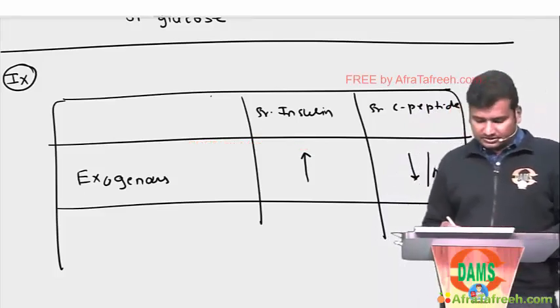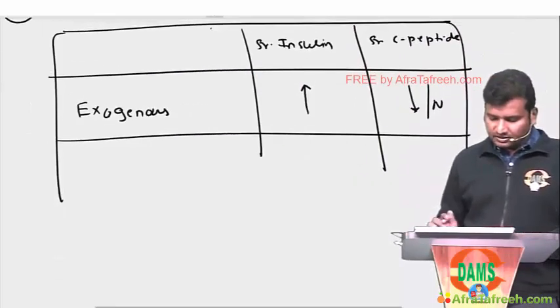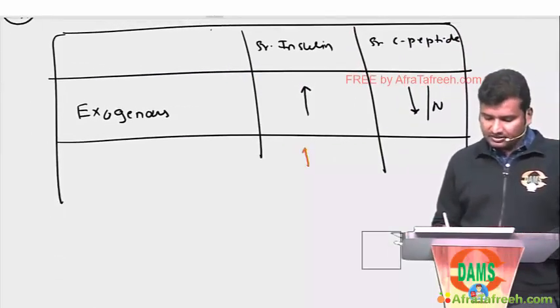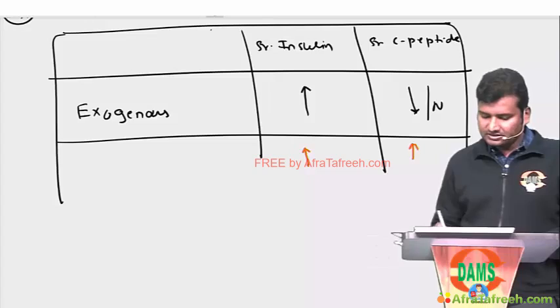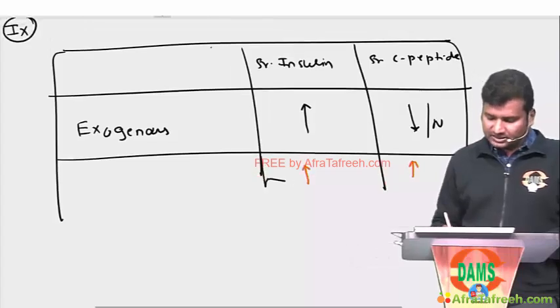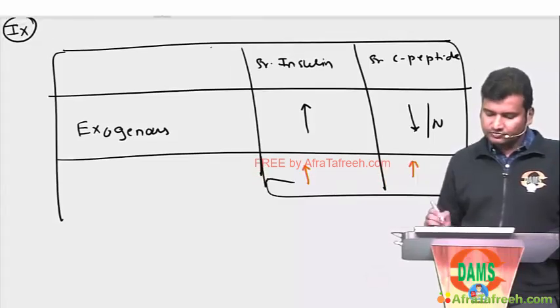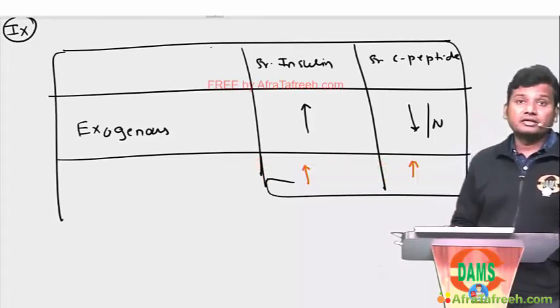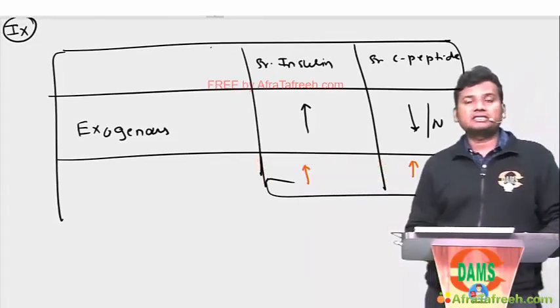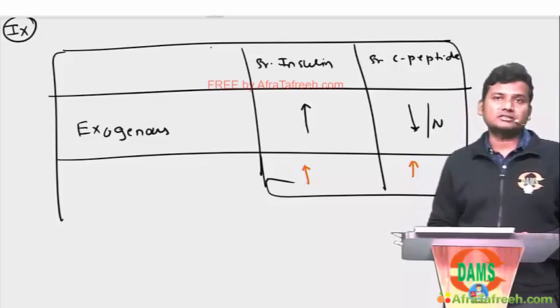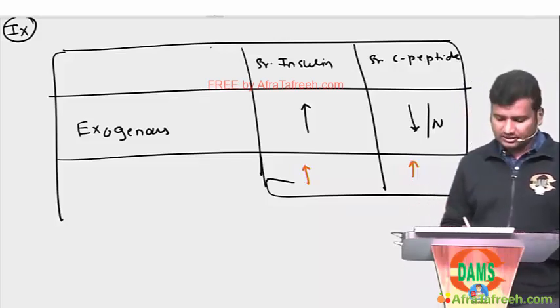Next, suppose our patient is having increased insulin with increased C-peptide. It means our patient is having endogenous secretion of insulin.